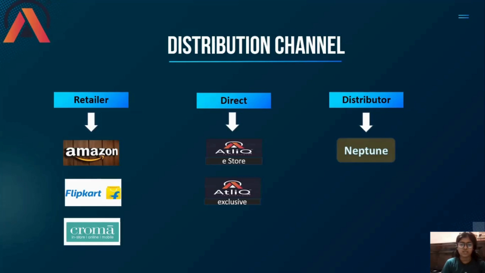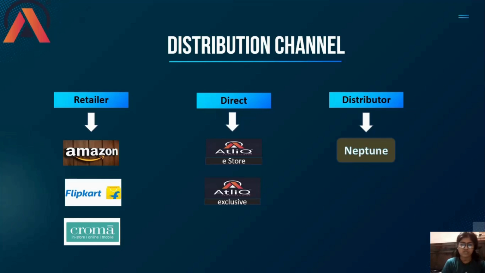AtliQ Hardware operates through three distribution channels, that is retailer, direct and distributor. It manufactures products at its facility and then sells them to retailers like Flipkart and Amazon, who in turn sell to the end user. For AtliQ Hardware, these retailers are the customers, while the end users are the consumers.